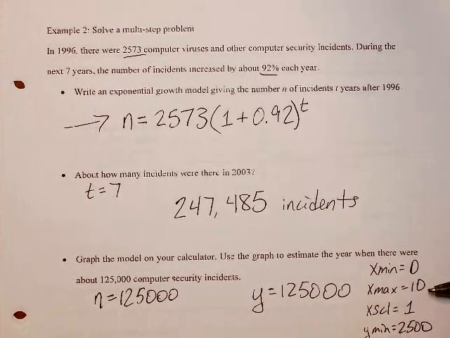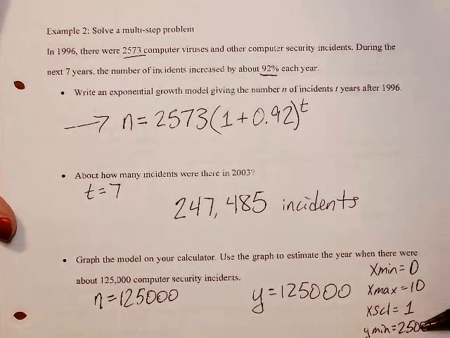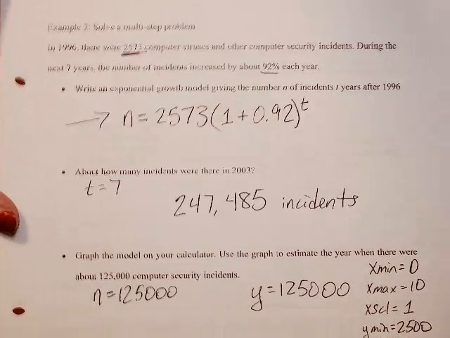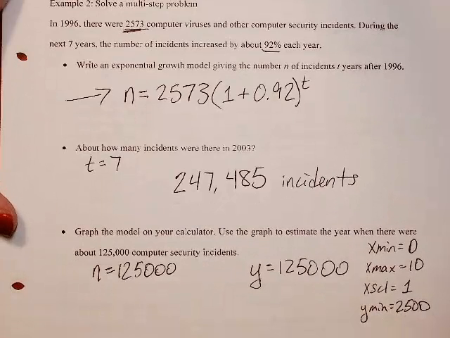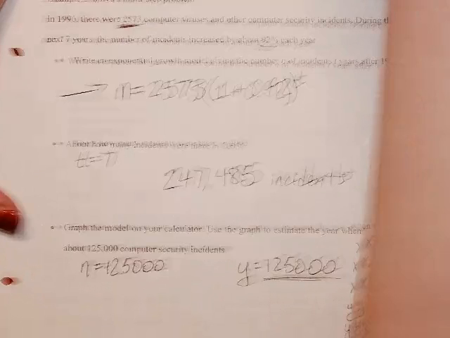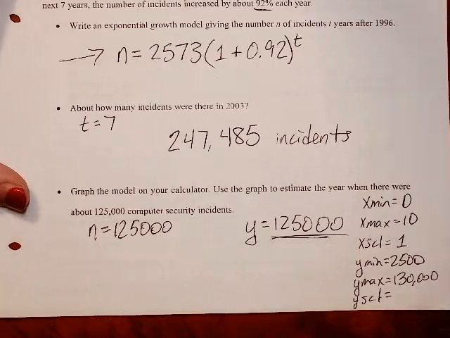Then our Y minimum here is less than our initial amount, so we're going to definitely be on the graph without having a bunch of extra space. And our Y maximum, we want to have be bigger than this, so I said 130,000. And then Y scale, I put at 5,000, just so that I wouldn't have a ton of tick marks.